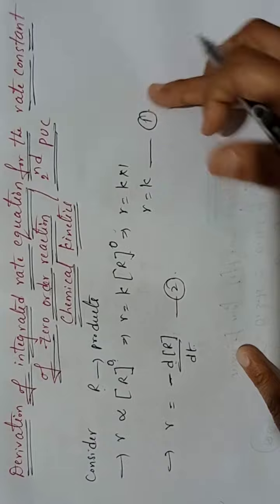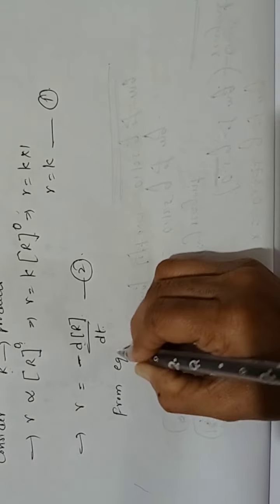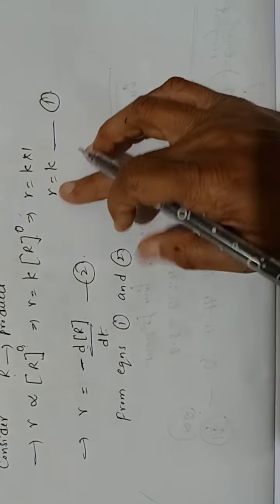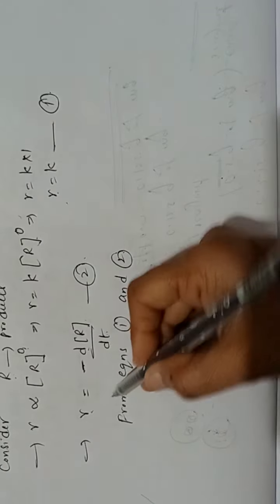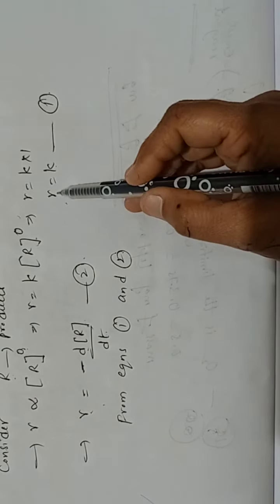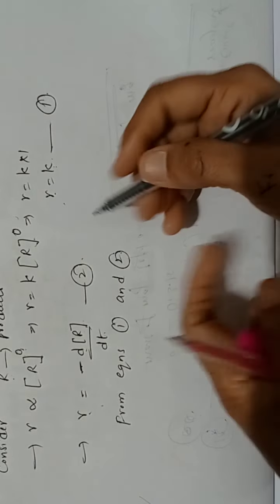From equations 1 and 2, what can we write, students? The left hand side, LHS, of both is the same, rate. Now take the RHS part: K is equal to minus d[R] by dt.